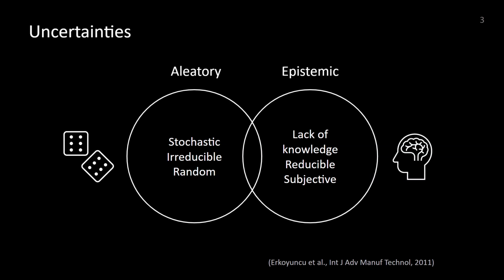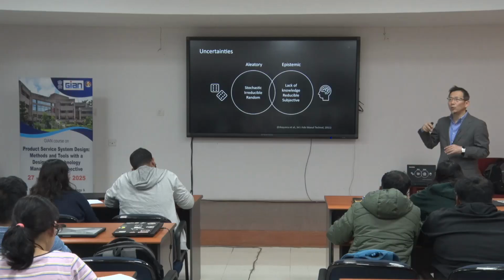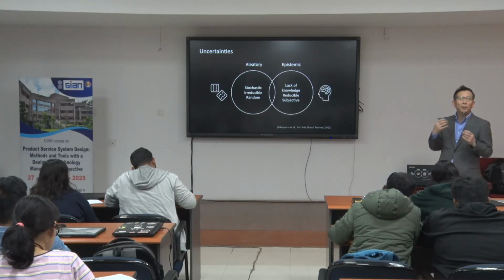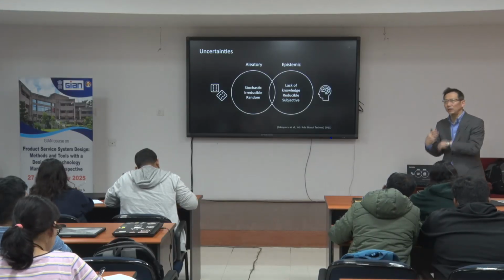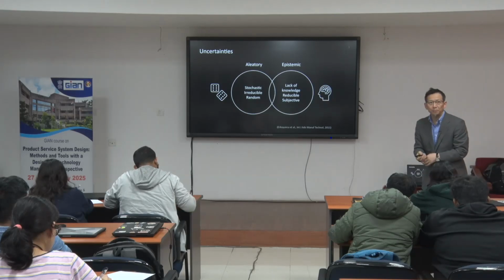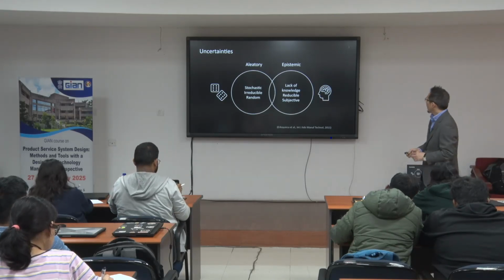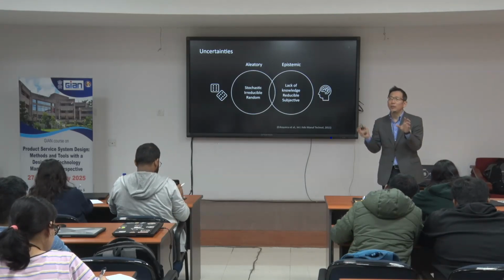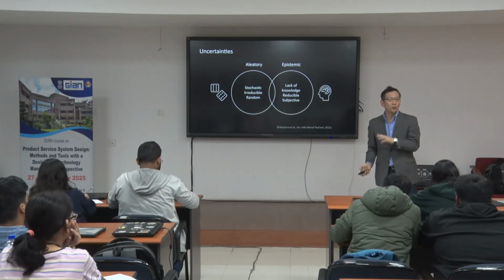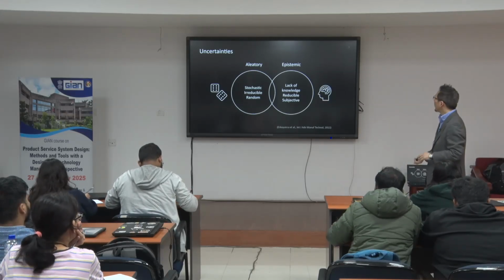So basically, on the left-hand side, what you cannot control. But on the right-hand side, this type of uncertainty is controllable, for example, by increasing your knowledge, collecting information, and so on. And we will be addressing both types of uncertainties in this method.